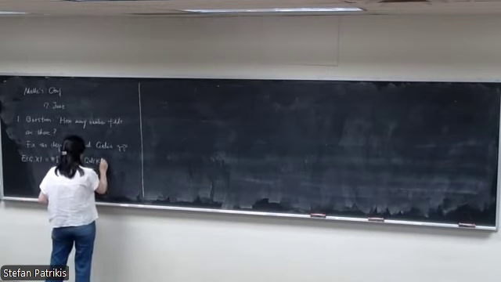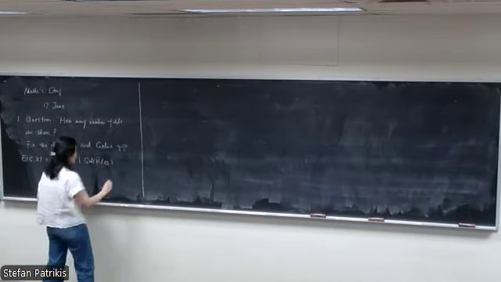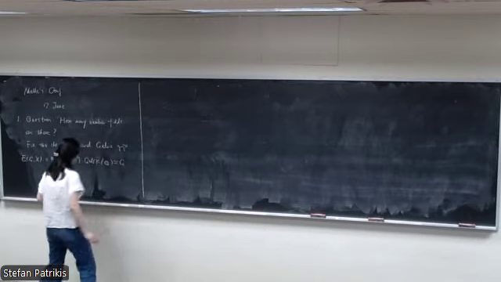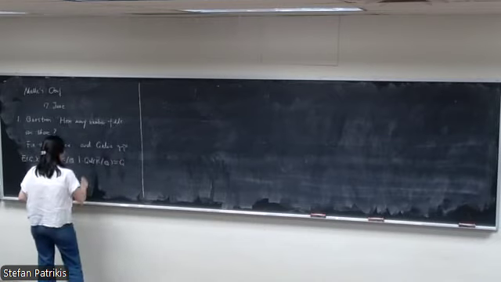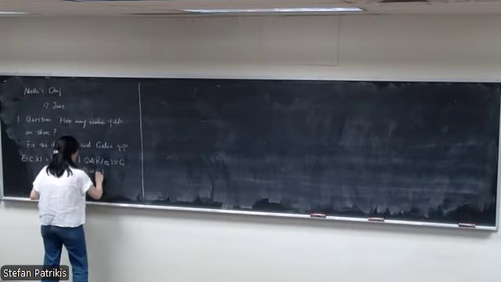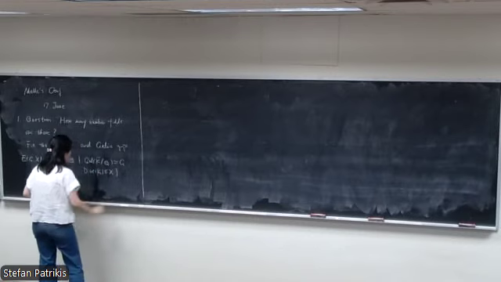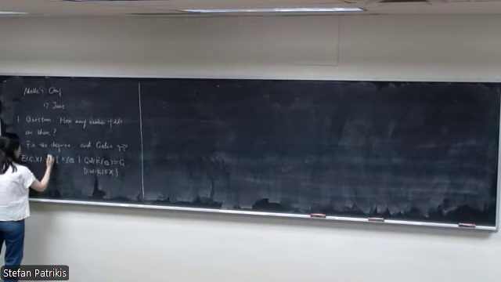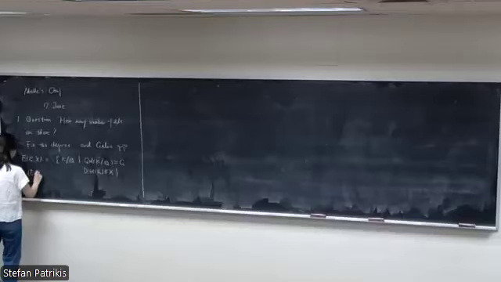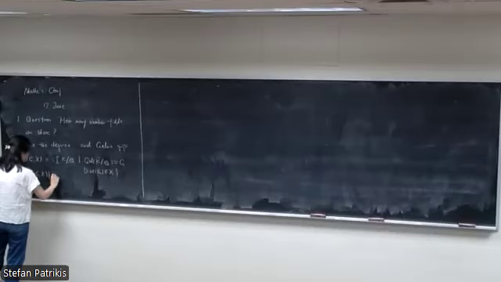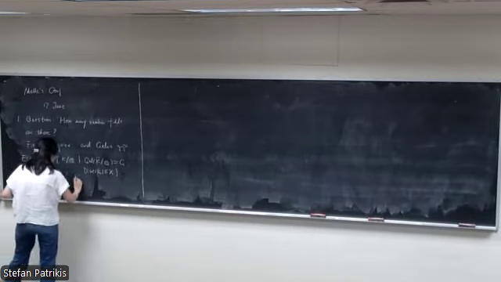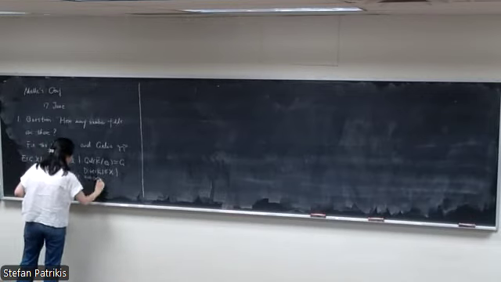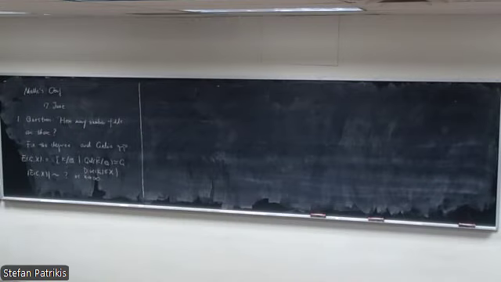Then you look at number fields whose Galois group is isomorphic to G, where X will be the bound on the discriminant, and we ask how large is this number? That is what Malle's conjecture is addressing.